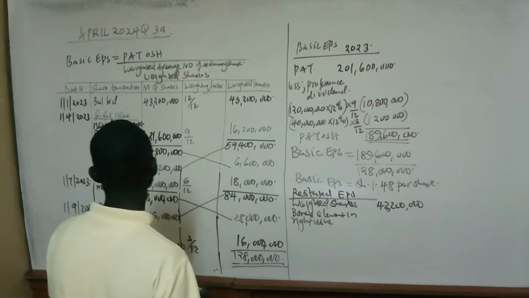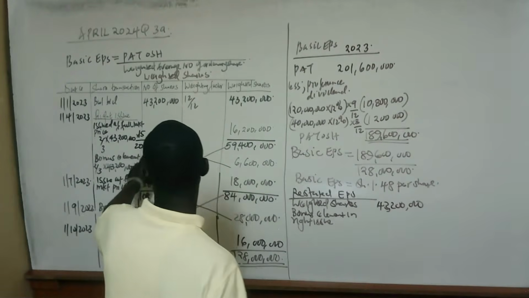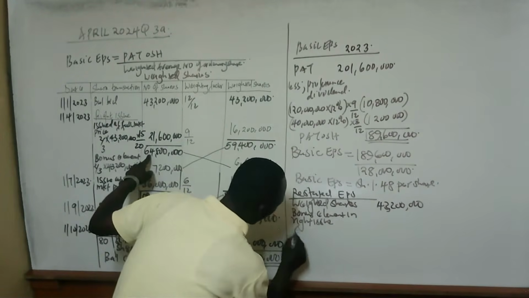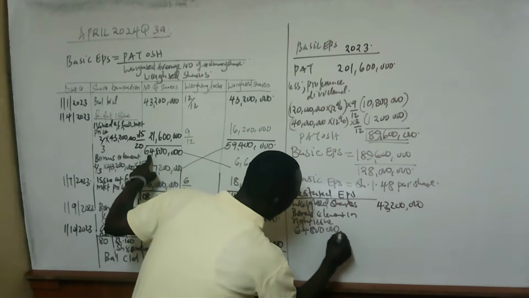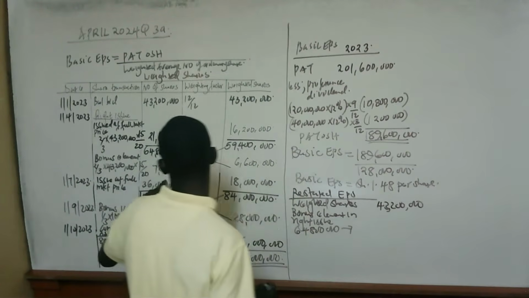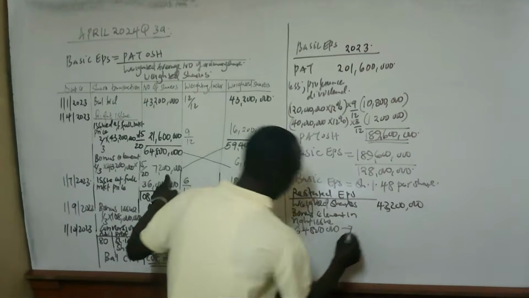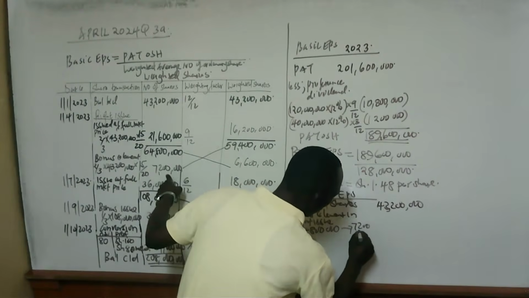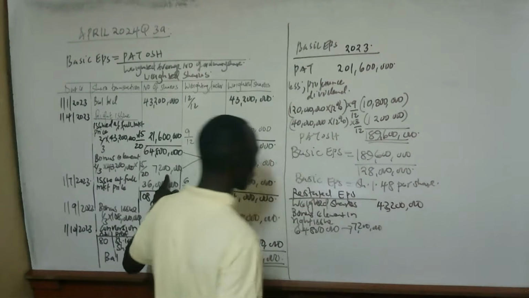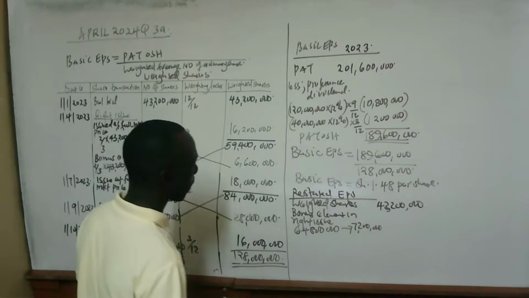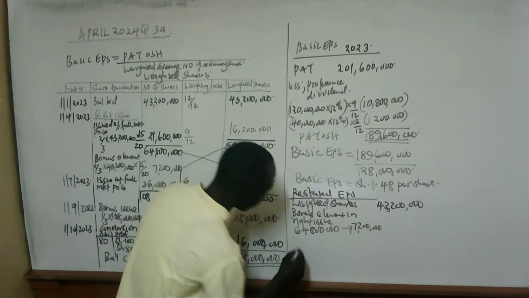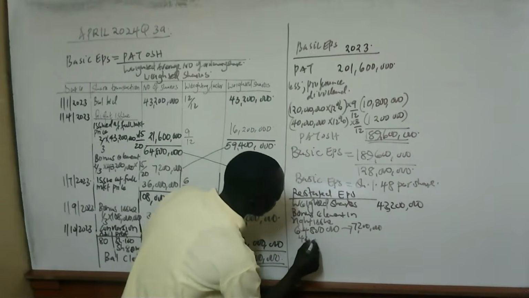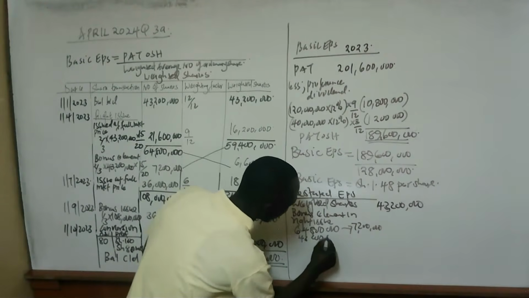The bonus was issued, so for 64,800,000, they were given a bonus of 7.2. Now the question will be, what about 43,200,000?